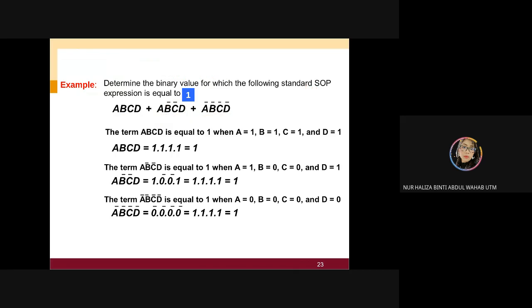Let's say you have 0, 0, 1, 1, the similar input. The similar input you put at this term 1. You have 0, 0, 1, 1. Of course, you get 0. You put inside here, you will get 0, 0 bar, 1 bar, 1.